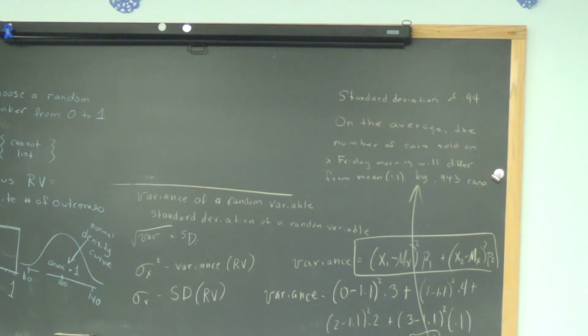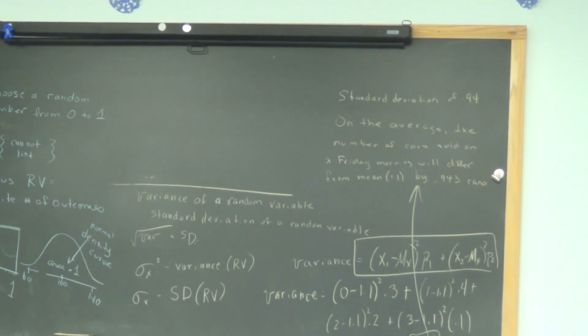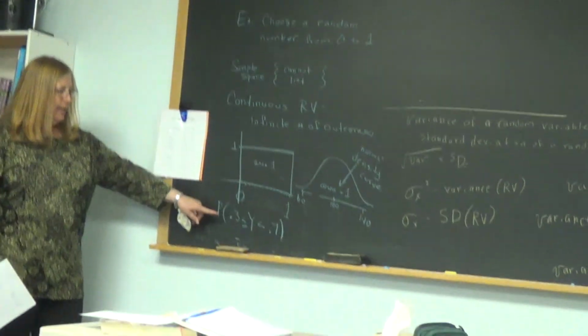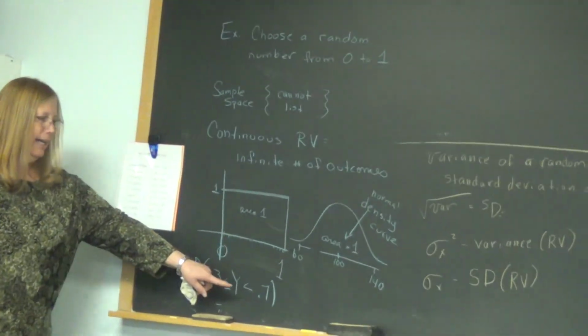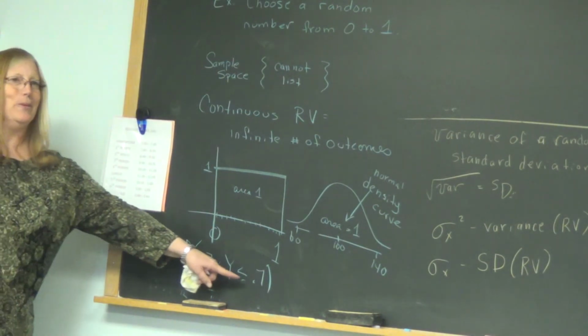I'm going to use y for my continuous random variable. Often it is used, it's not required. I could have used an x. But let's say I use a y because it's a continuous random variable. And I want the probability of drawing a number between 0.3 and 0.7.